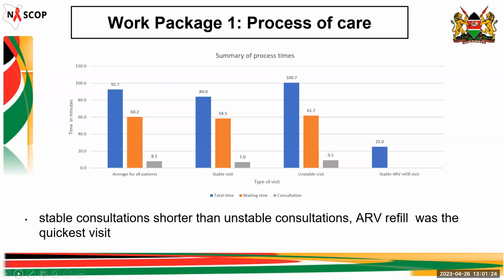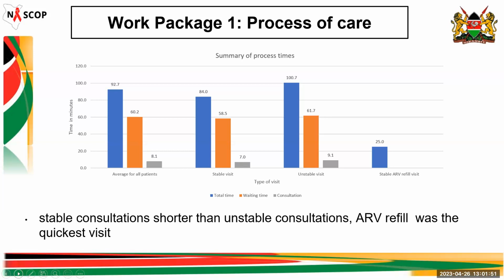So this slide was one of the key findings. There wasn't much difference between the intervention and control side, but in terms of patient care, we noted issues around waiting time. If you look at how the process maps were done, the clients who were coming for their stable visits just for the ART pickup are the ones who spent the least time in facilities.